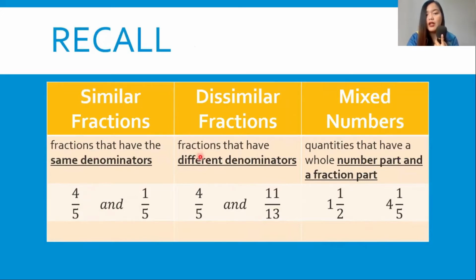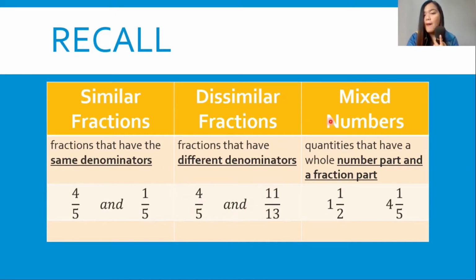While dissimilar fractions are fractions that have different denominators. For example, we have 4 over 5 and 11 over 13. And 5 and 13 are not the same and they are different, so they are dissimilar fractions.